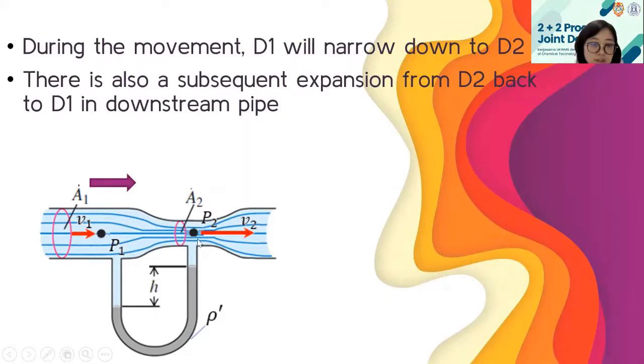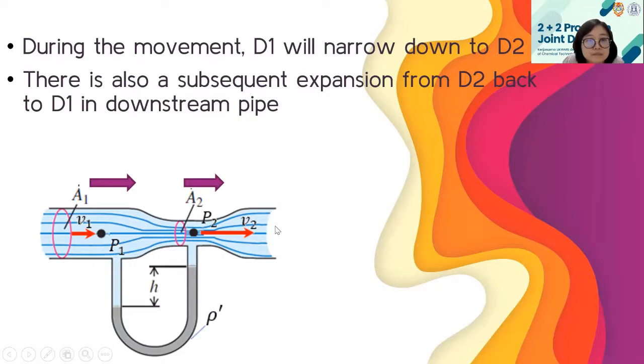After it is compressed in this neck, it will be expanded again from area 2 to this right part of the pipe, which has a similar diameter of D1. So after being compressed to area 2, it will be expanded into area 1 again.